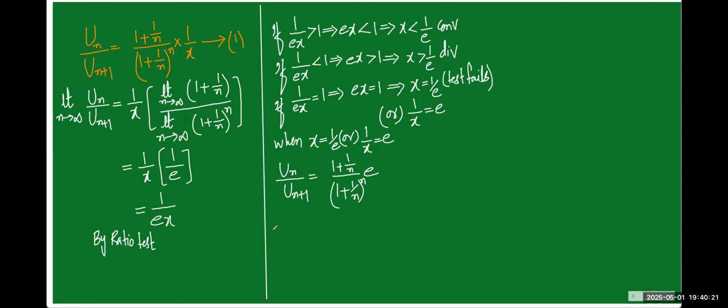Taking log on both sides, log of un by un plus 1. As I said, this is a big question for you. This can be a whole test and a whole question in itself. 1 plus 1 by n into e divided by 1 plus 1 by n whole power n.